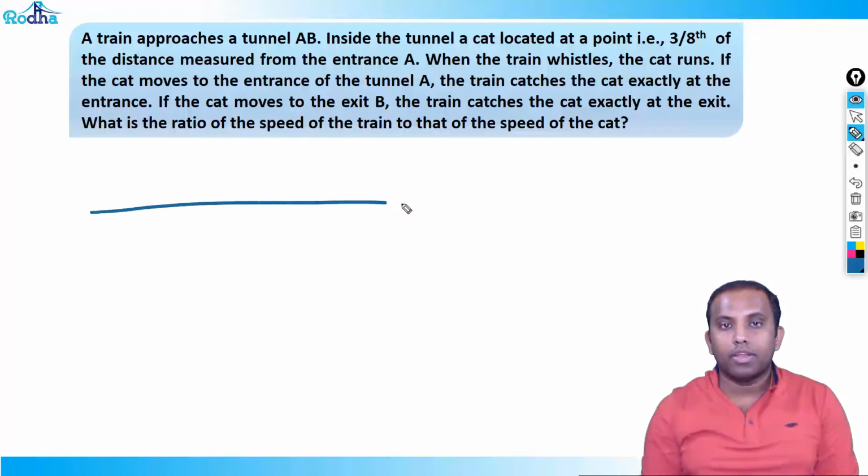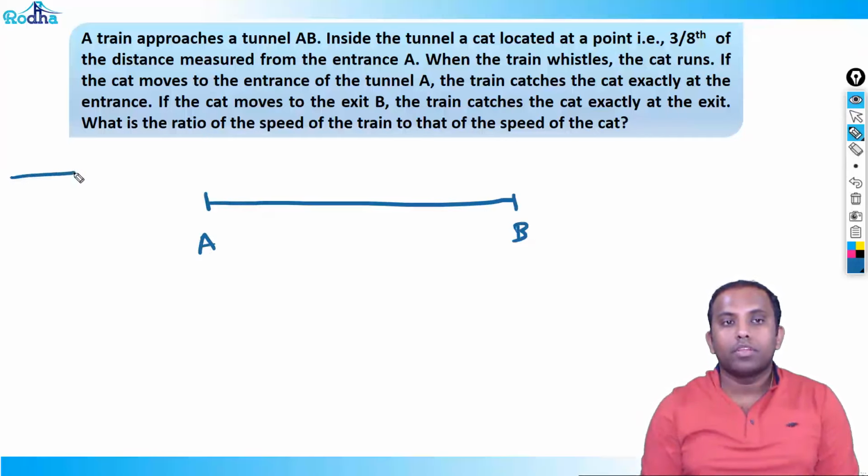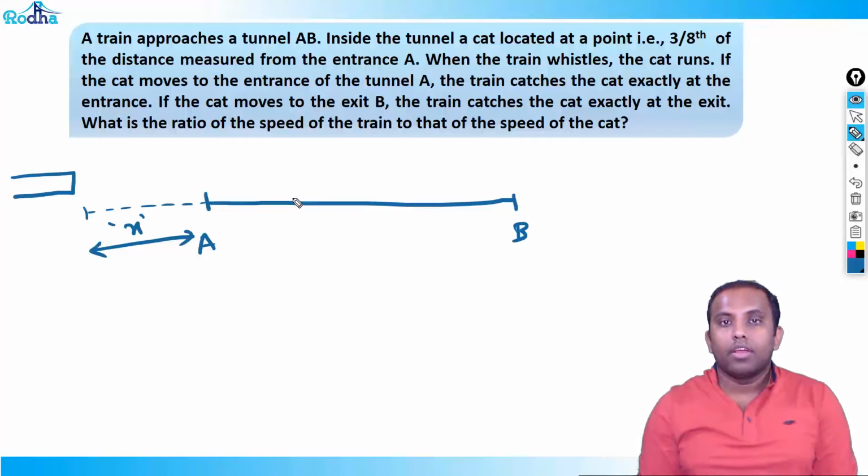Assume a tunnel AB. A train is approaching this tunnel. Let's say the train right now is at a distance of x units. This distance is x units. And the cat is sitting 3/8 of the distance measured from entrance A.